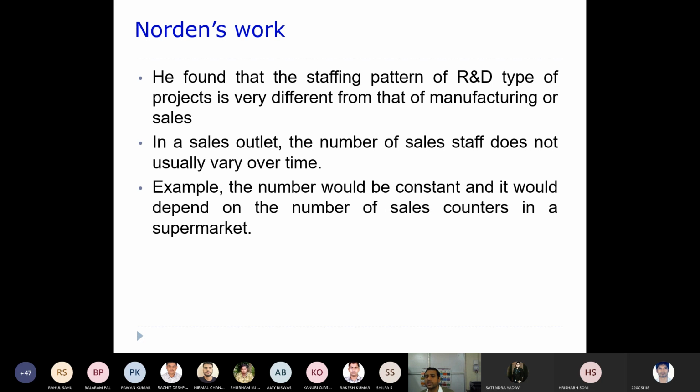Usually these counters will not change over time. Maybe sometimes it will increase, if you wanted to expand into 4 floors or 5 floors, then you require more counters when you expand your business. In that case a few more people are required. But over time, mostly you require a constant number. Okay, so that is what you need to understand through this example.